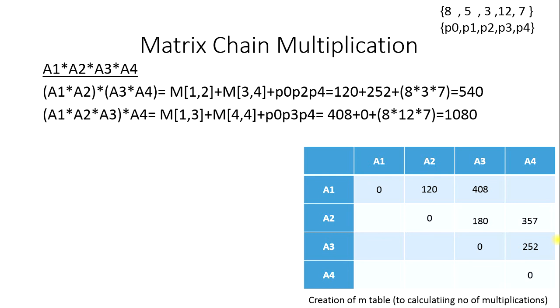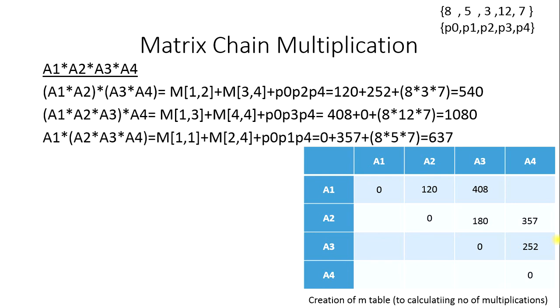So the dimension of A4 is 12 by 7. So what should be the dimension of the product of A1 into A2 into A3? It should be 8 by 12. So 8 into 12 into 7 multiplications. We multiply them, add 408 into it, we get 1080 number of multiplications.